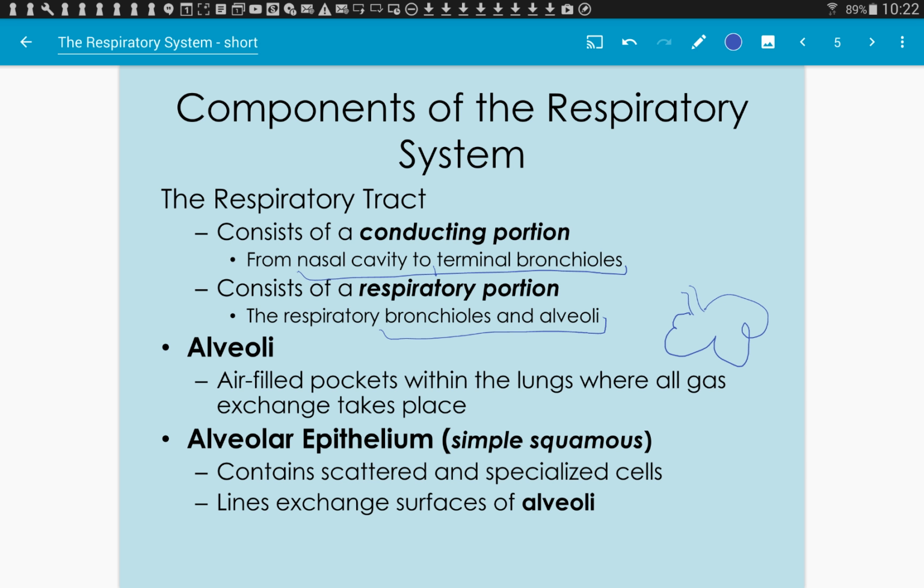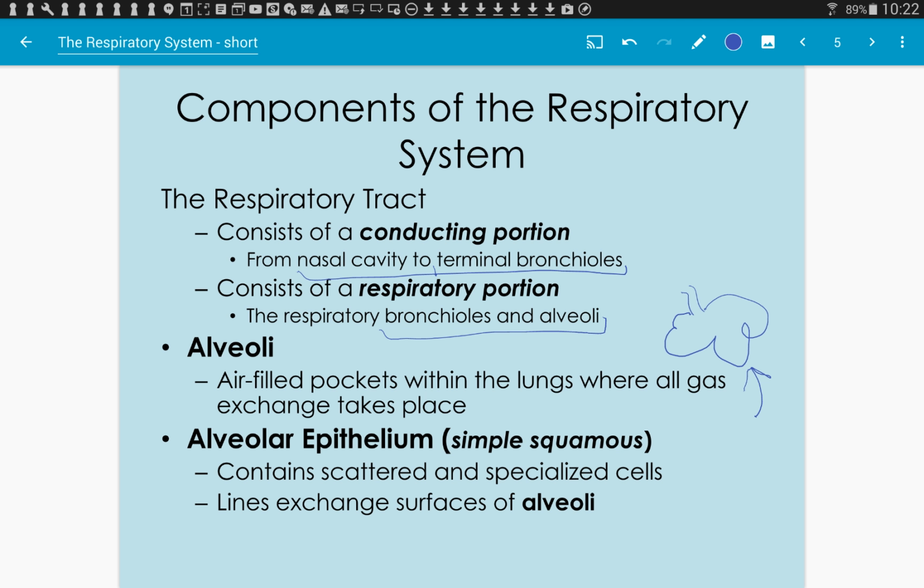And the alveoli is one cell thick. So let's think about this. We want gases to diffuse across the wall of the alveoli into the capillaries that surround it. So what kind of cell is the best cell if we want diffusion to occur?